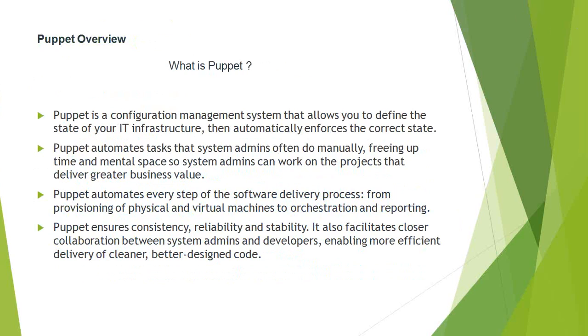Orchestration is something like grouping of nodes. For example, you have 10 app servers and 10 web servers. On the app servers you want Tomcat or JBoss to be installed, but on the web servers you want just Apache installed. So you are grouping 10 nodes as one orchestration called app, and the 10 web servers you are grouping as web.